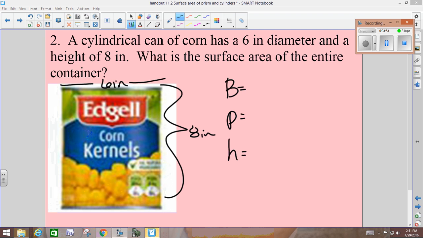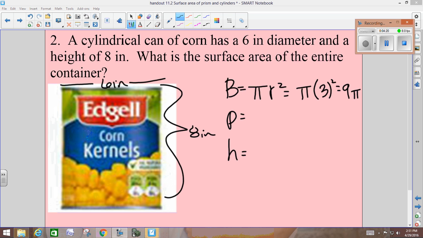Big B stands for what? What's the shape of the base on a cylinder? You just said it a little bit ago. Good, so how do you find the area of a circle? Yep, pi r squared. Taylor, what's the radius? Good. So you want 9 pi there.